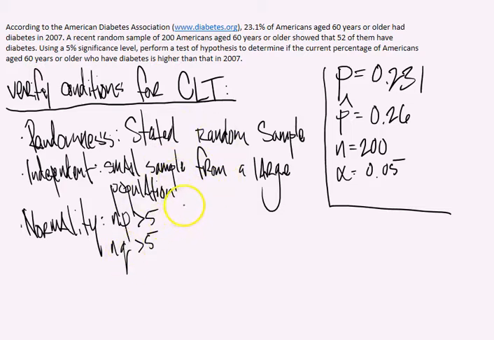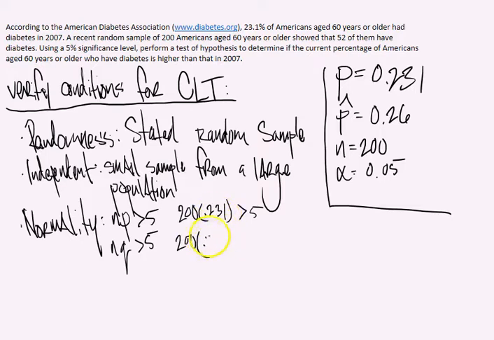Same with my failure rate. So here I have 200 times an expected proportion of people, 0.231, saying yes. And it's very obvious here without even doing the math that this is in fact larger than 5, right? And the number of people I would expect to not have diabetes is 200 times whatever the complement of this is, right?